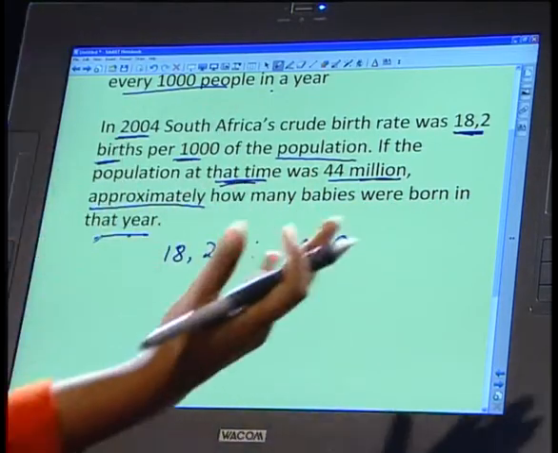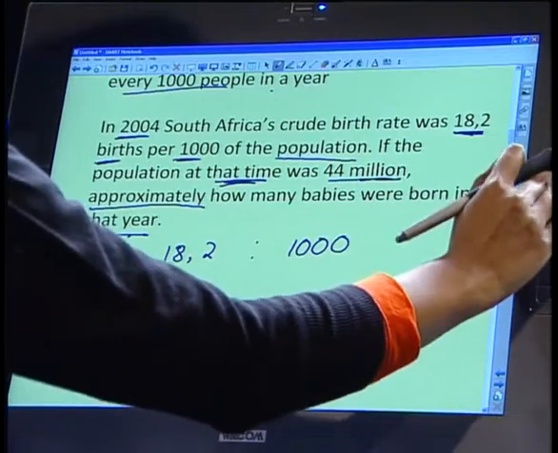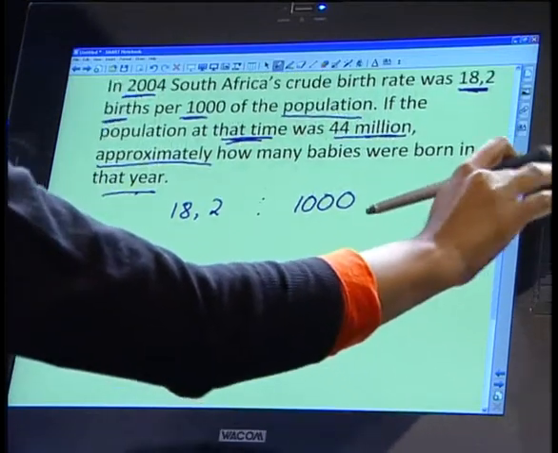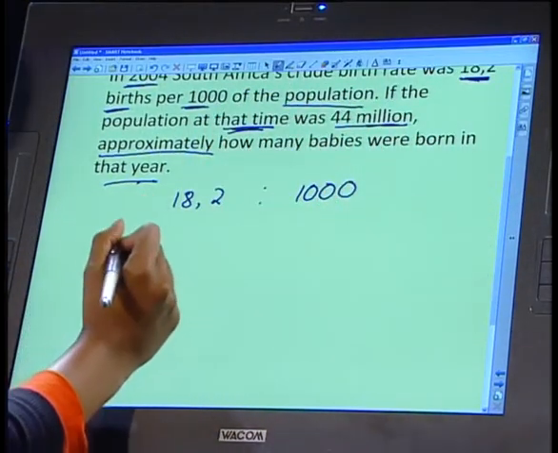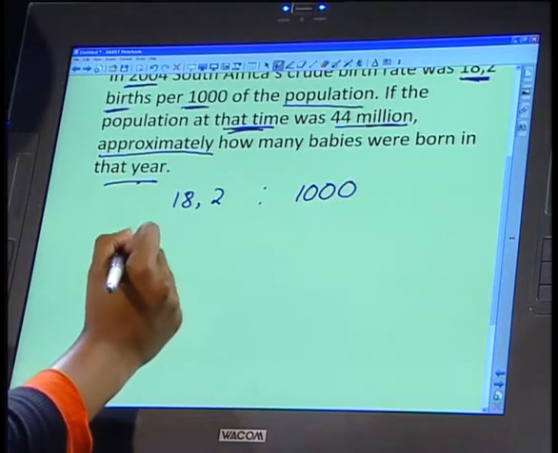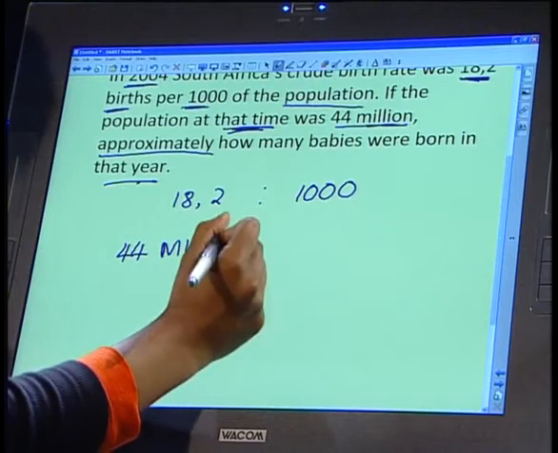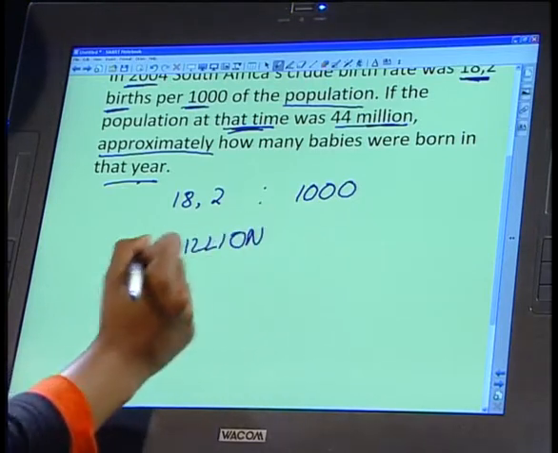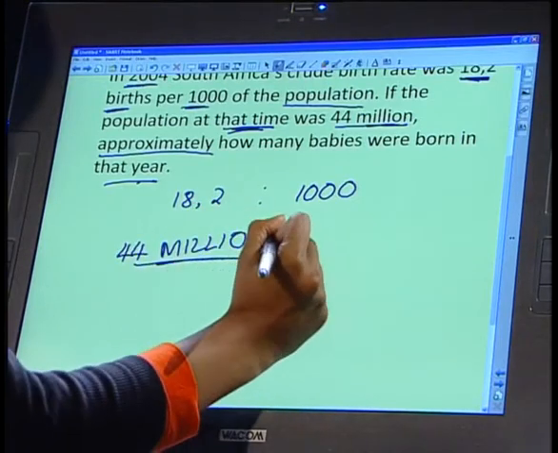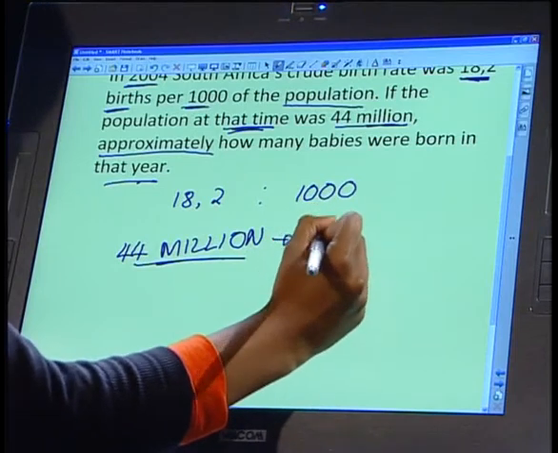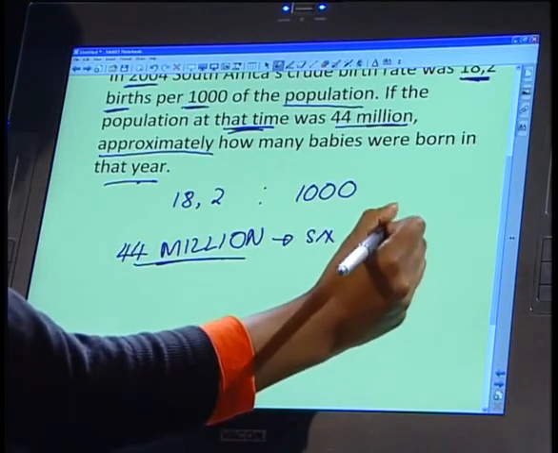So how many babies were born in 2004 when they give you the crude birth rate and they tell you that your population was 44 million. Now guys, remember when we deal with 44 million, we need to write that down as a number. And remember that a million implies we are dealing with 6 zeros.